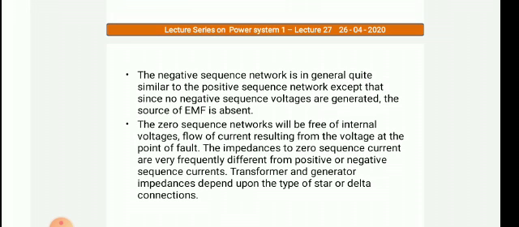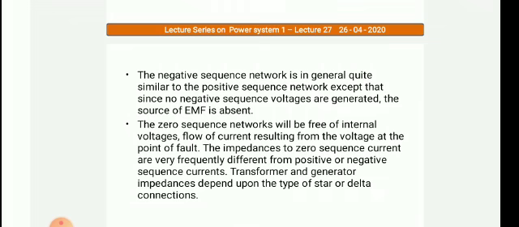Therefore, the equation for the negative sequence component is given as VA2 is equal to minus IA2 into Z2, where VA2 is the terminal voltage and EA2 is the self-induced EMF, and IA2 is the current in the negative sequence component.